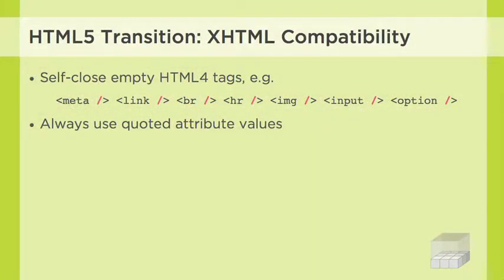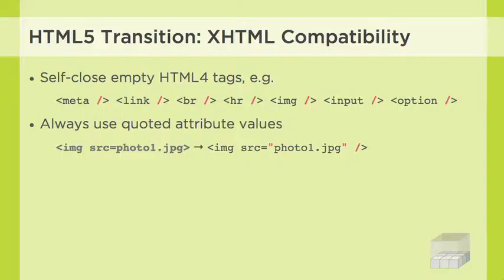The second is always use quoted attribute values. And actually, this is a recommendation that I make to anyone that authors HTML. Even though it's one of those things that you need for XHTML, I think it's something you should do regardless, because it really helps avoid errors. Here's an example. If you say image source equals photo1.jpg, now you're really depending on the browser to be intelligent about realizing when does the value of the attribute start and when does it finish.